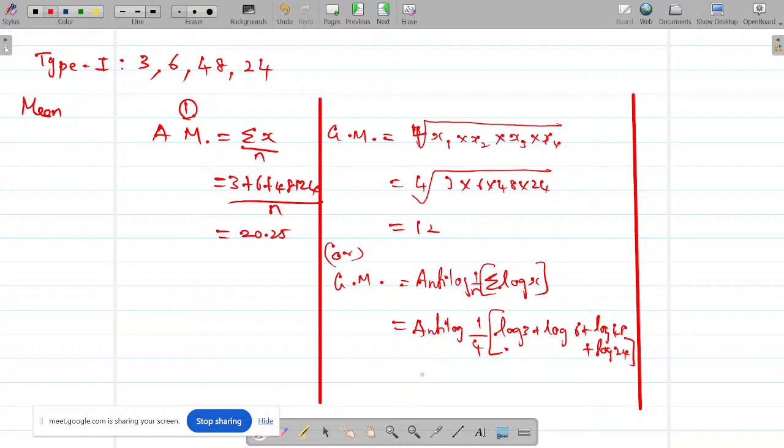Anti-log of, what is log 3? See, while we discuss indices and logarithms, I will go completely through how to find log values. As of now, we manage by finding the log value directly from the table.